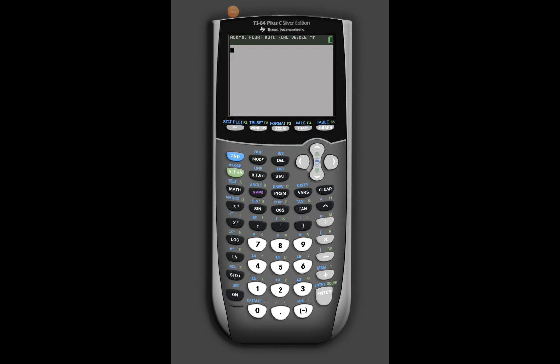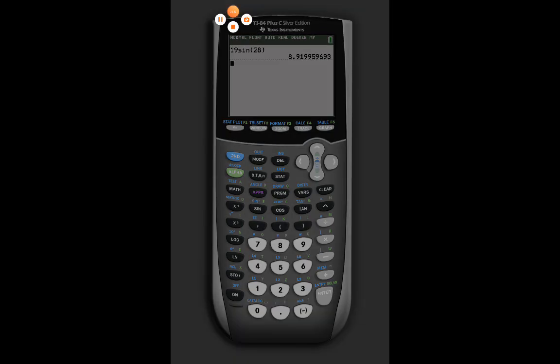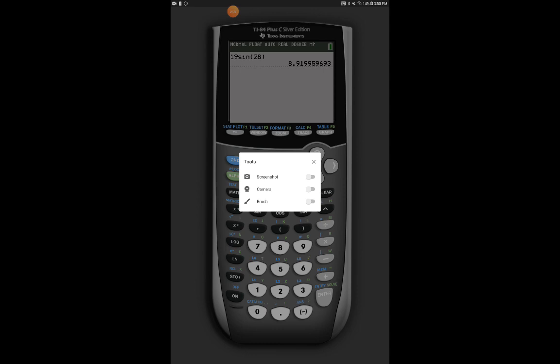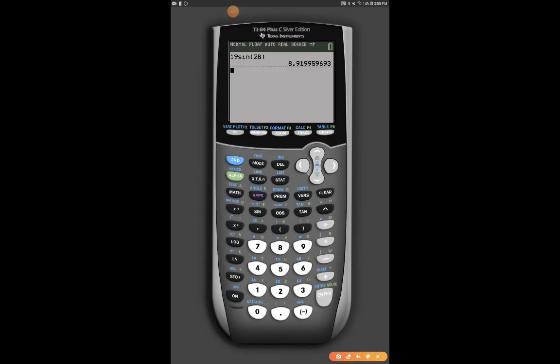So we type in what we have on our paper: 19, and then sine. Sine is above the 7 button. I'm sure you've seen that button before and didn't know what it was for. And then 28 degrees. You hit enter, and we get 8.91. Again, we are going with the tenth place, so that 1 is going to keep the 9 where it's at.